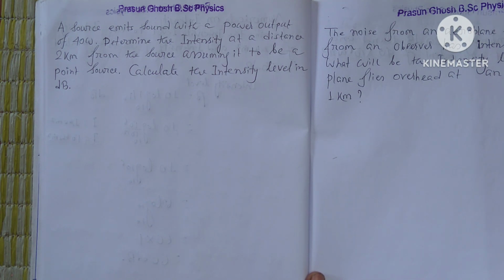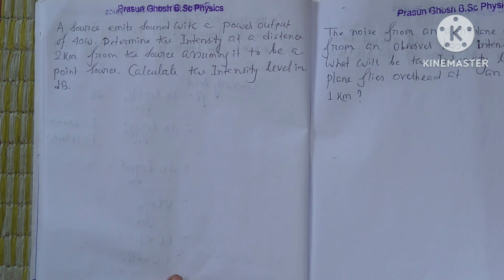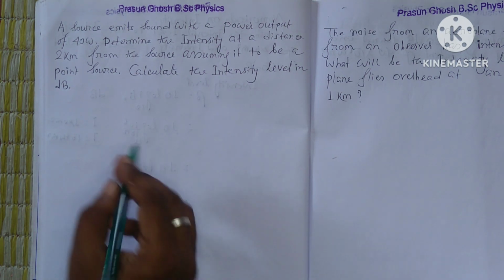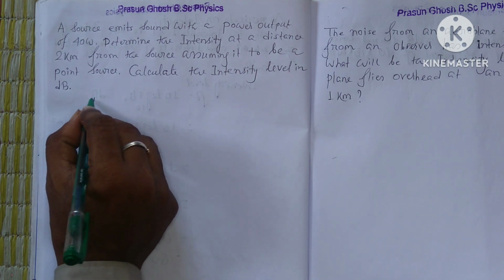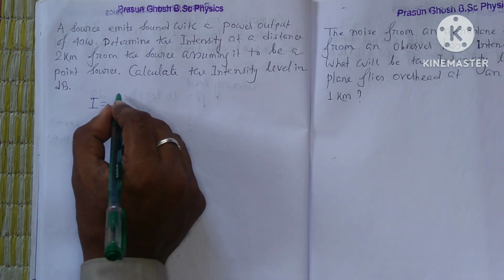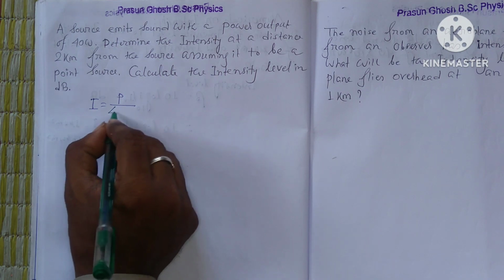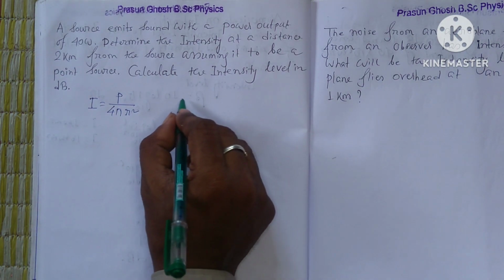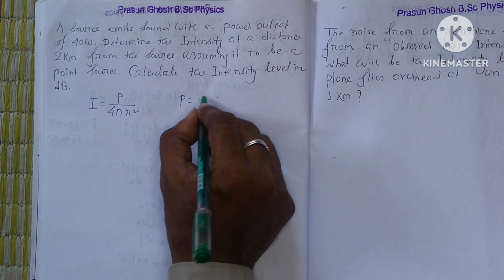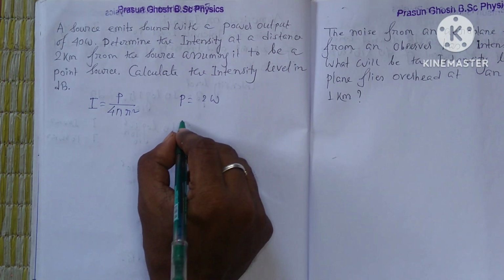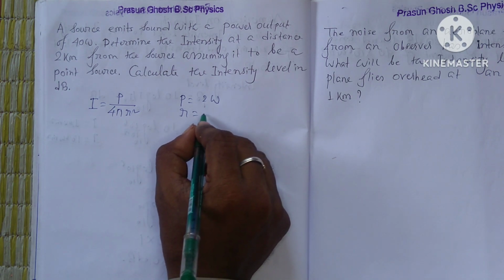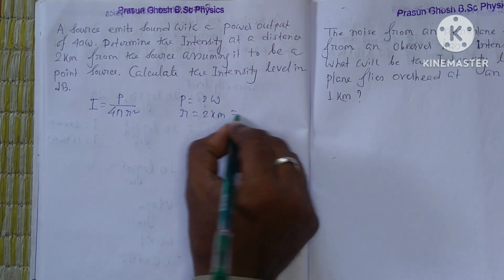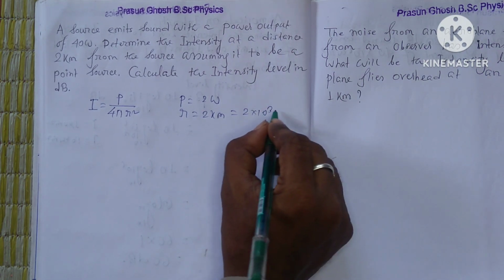So first, we know that I equal to P by 4 pi r square. P is given, that is P equal to 2 watt. R is given, that is 2 kilometer, that is 2 into 10 to the power 3 meter.